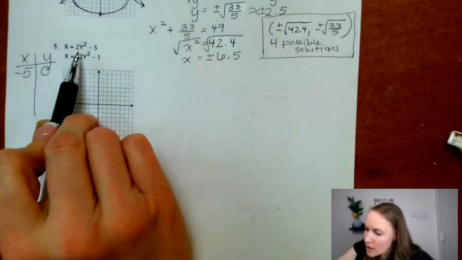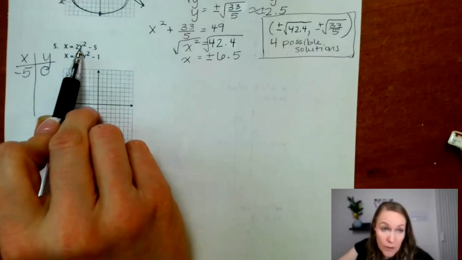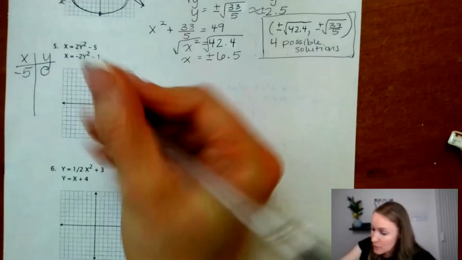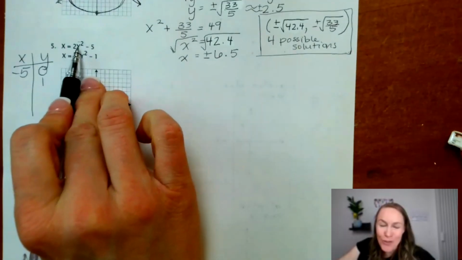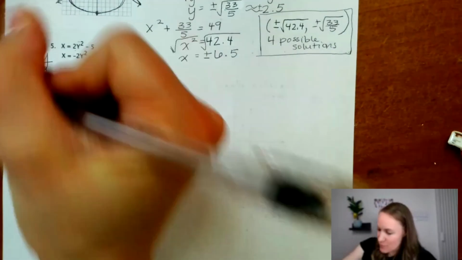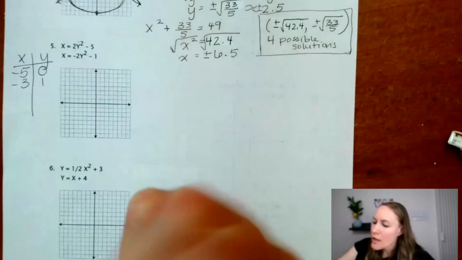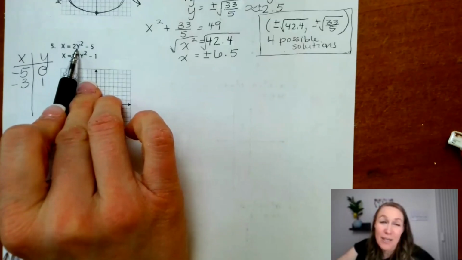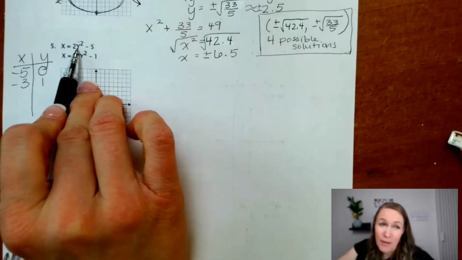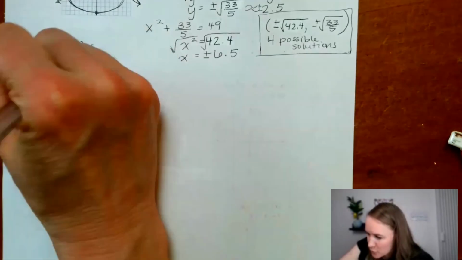If I plug in 1 for y, 1 squared is 1, 2 times 1 is 2, 2 minus 5 is -3. And then let's plug in a bigger value. It's going to get bigger fast though. Yeah, let's try 4. I really want to try 4.